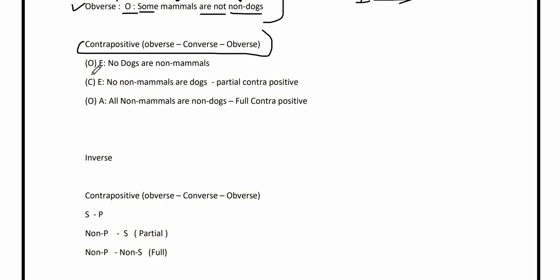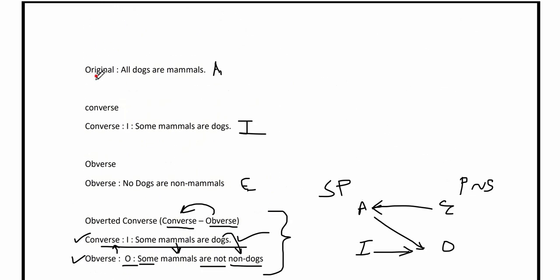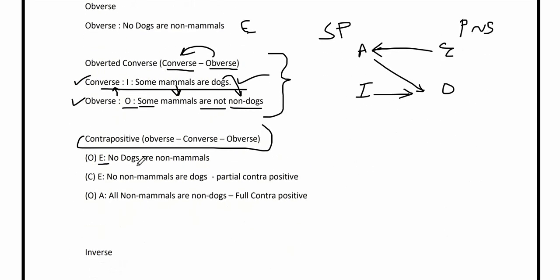So for example, if it's an E proposition, okay, this is not an E proposition. So the original was A proposition. So the A proposition goes into obverse is E. A's obverse is E.